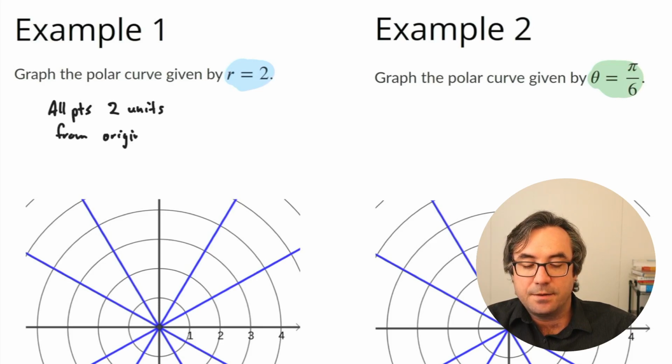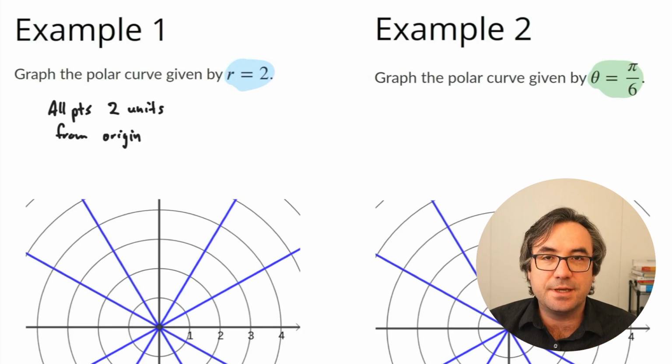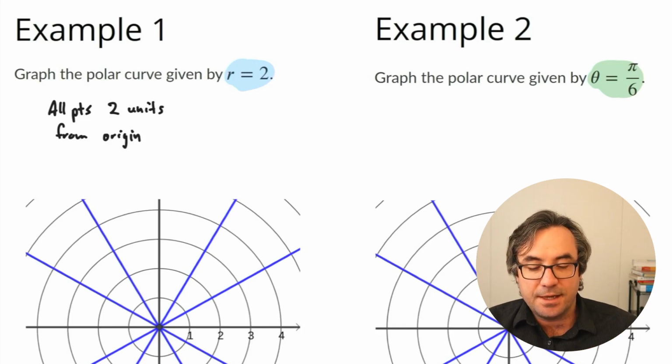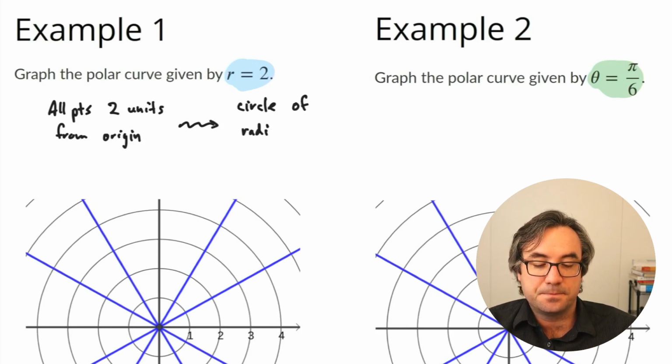Another way to describe that is this is the circle of radius 2, centered at the origin.